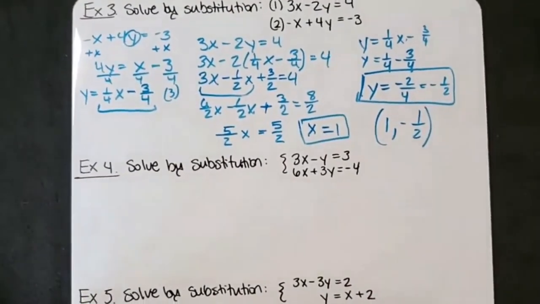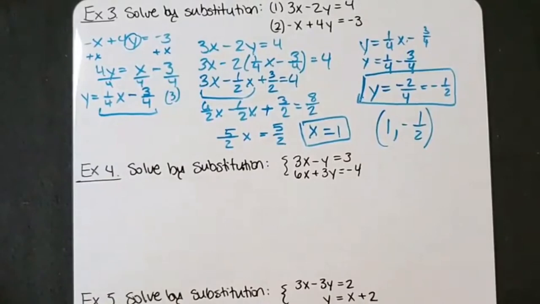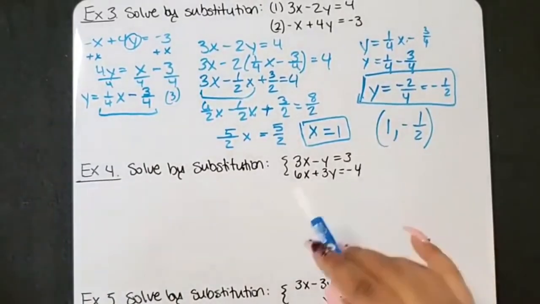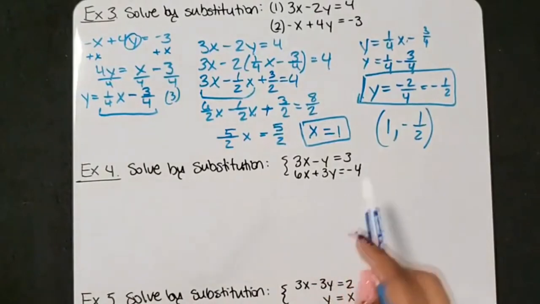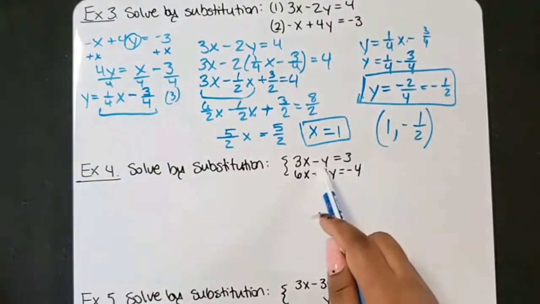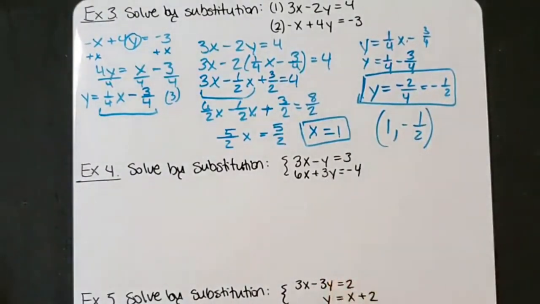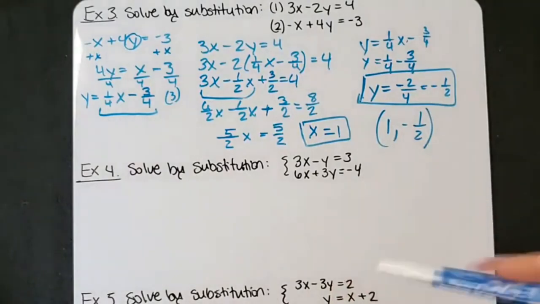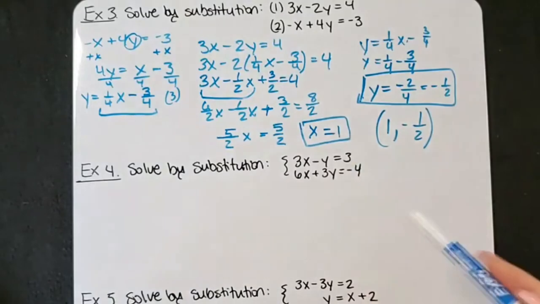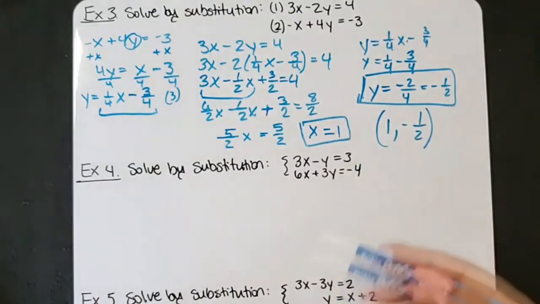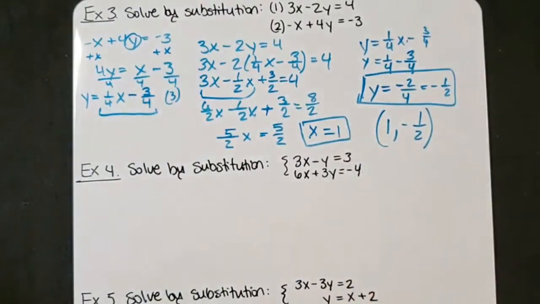So for example number 4, I'm going to pick 4, y'all, because that was a lot. I'm going to take the first equation and solve it for y. Remember in the previous examples, I picked the term that did not have something multiplied in front of it. So I'm going to pick this y.